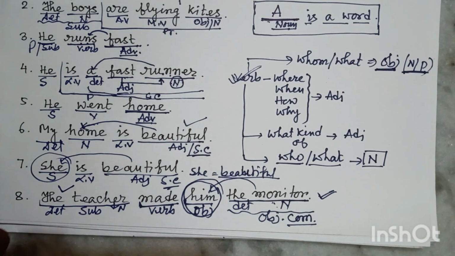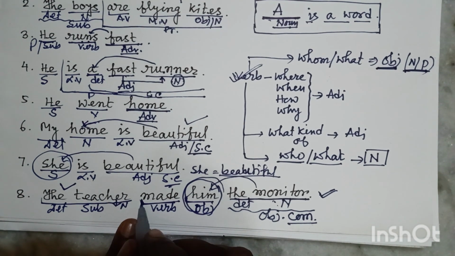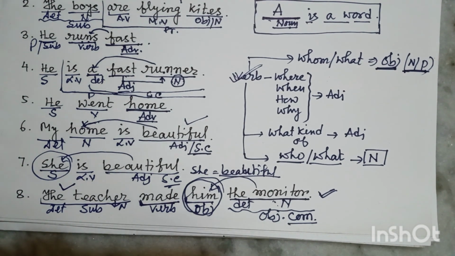Actually, my dear friends, verbs may be divided into some parts. One is called transitive, another one is called intransitive, another one is called ambitransitive, and the fourth one is called complex transitive.